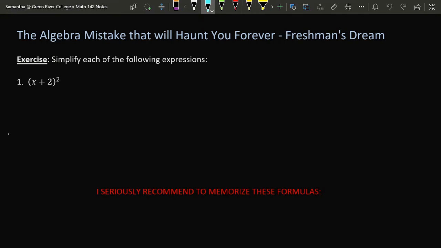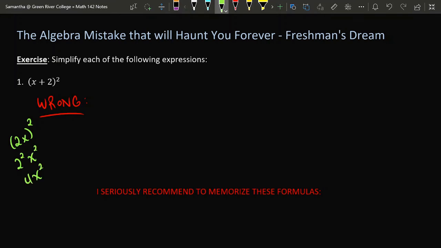And the situation where this mistake will arise is the following. Simplify the following expression. The first one that we're given is x plus 2 quantity squared. So here's the mistake. The student somewhere in the back of their mind remembers that if you have a product of two quantities raised to the power 2, then that can be expressed as simply 2 squared times x squared.